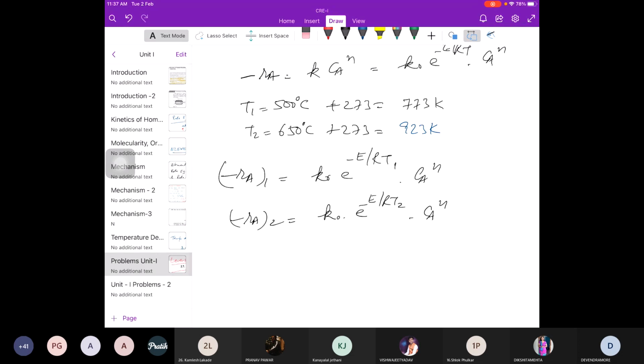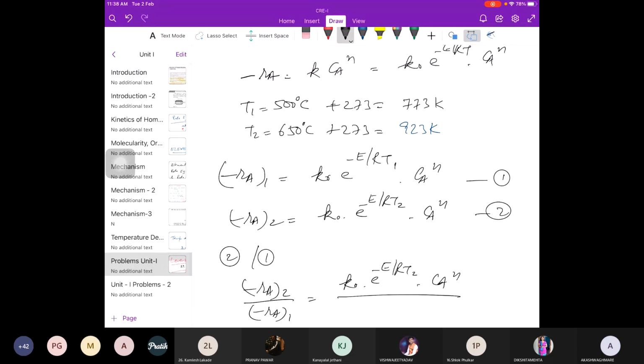So I can write rate for the first temperature, minus RA1 is equal to K naught e raised to the power minus E by RT1 into CA to the power of N. And for the second temperature, minus RA2 is equal to K naught e raised to the power minus E by RT2 CA to the power of N. So I can take these two and divide 2 by 1, and what I will get is, ये cancel हो जाएगा, ये cancel हो जाएगा, and I get that form.